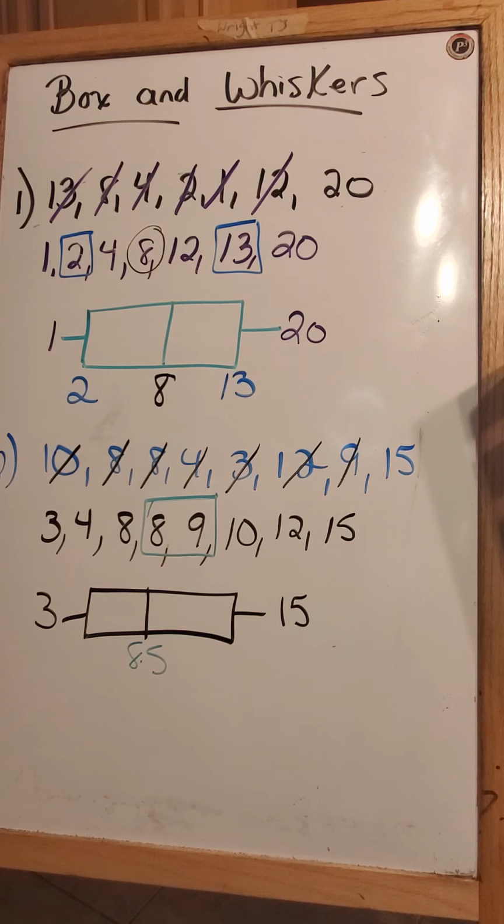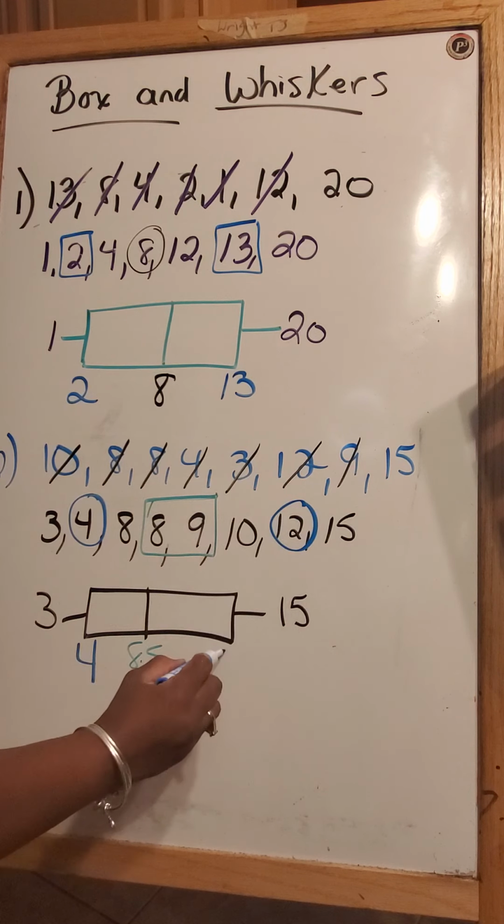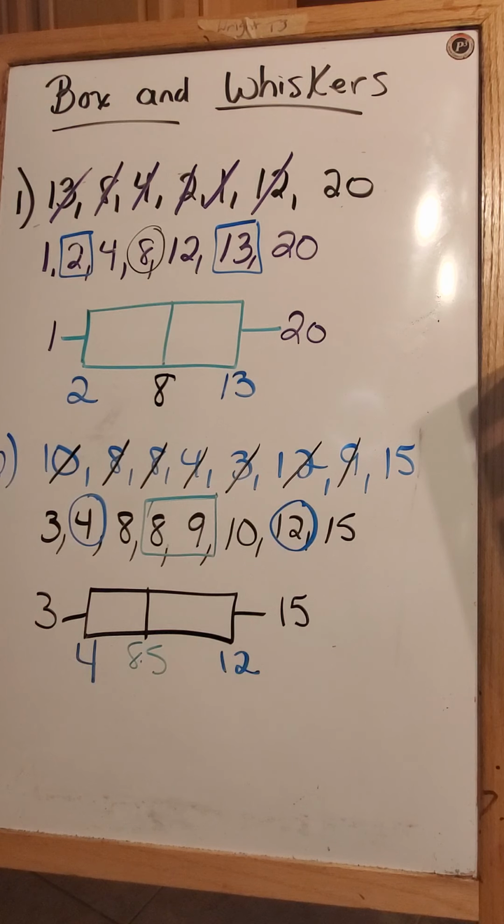Then you do Q2. Well, it works out good this time because you still have 1 in the middle. If you were to have 2 in the middle, you would do the same thing. But in this case, we don't. So 4 is your Q2. 12 is your Q4. And that is how you create your box and whisker plot.